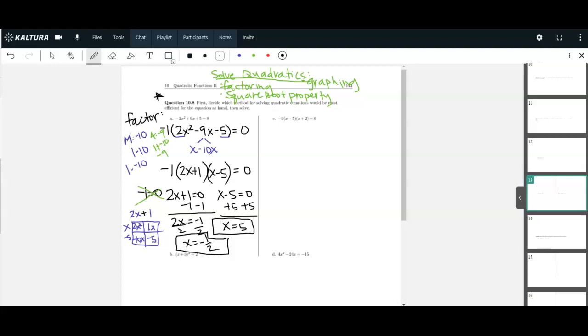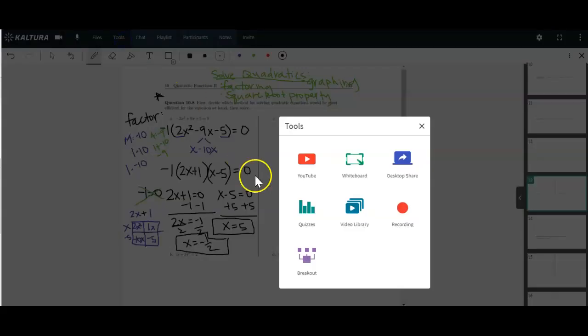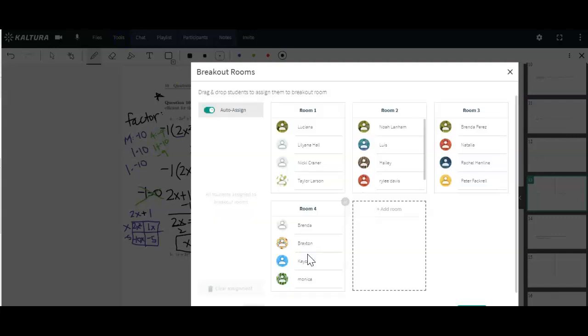I think there's a place where you can still raise your hand, but I'll just kind of be going between the different groups too, so you'll be able to ask me some questions too, but talk with each other about it, okay? And like I said, let's do about 15 minutes and try and get those 3 problems figured out so you can kind of talk it out a little bit, okay?